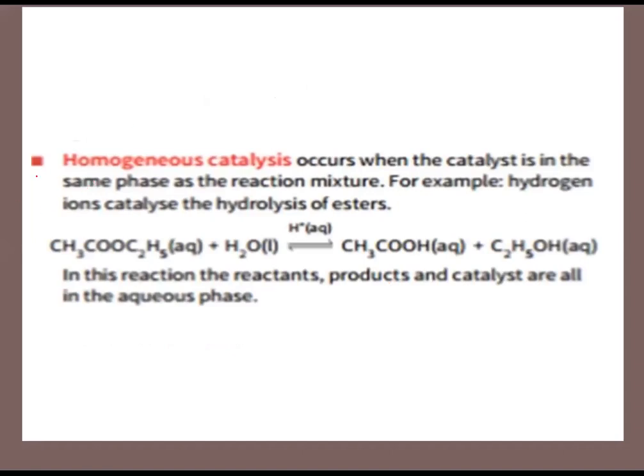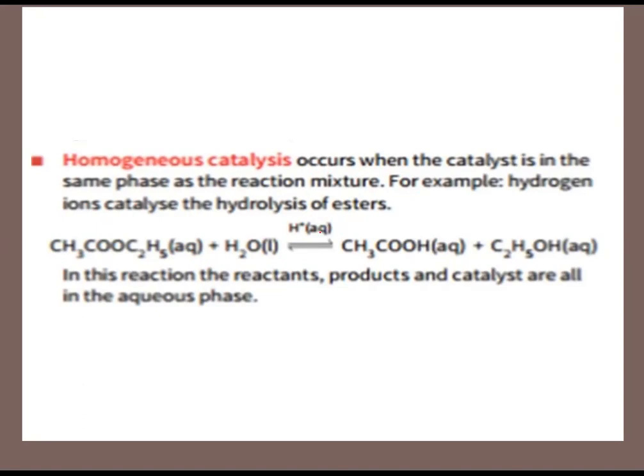When we talk about homogeneous catalysis, it occurs when the catalyst is in the same phase or state as the reaction mixture, as the reactant. For example, I have taken an ester, and the ester is in the aqueous form and water is also in liquid form, so their state is aqueous or liquid.